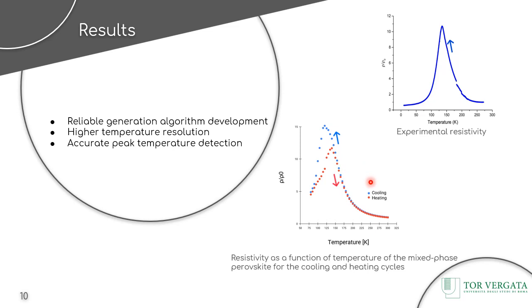Tetragonal phase retention below the transition temperature widely affects device behavior, in good agreement with the experimental results, demonstrating the reliability of the developed algorithm. In particular, thanks to the higher temperature resolution, we were able to accurately detect the peak temperature, showing its dependence on the temperature cycle.